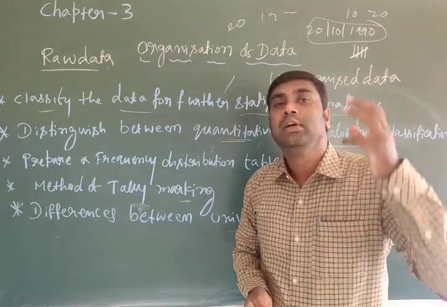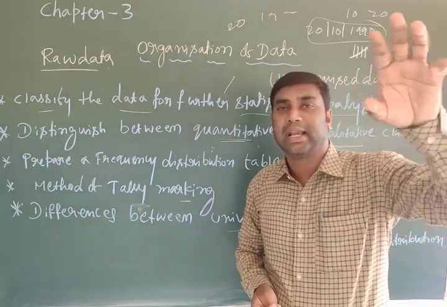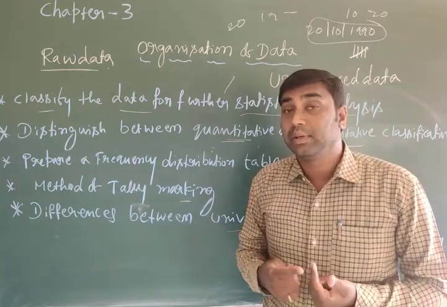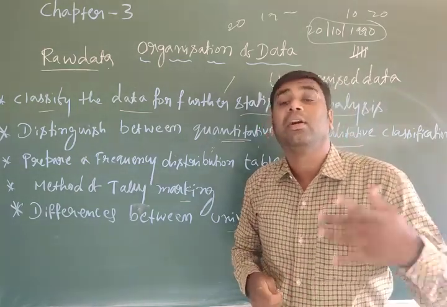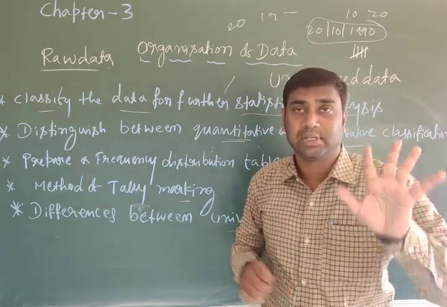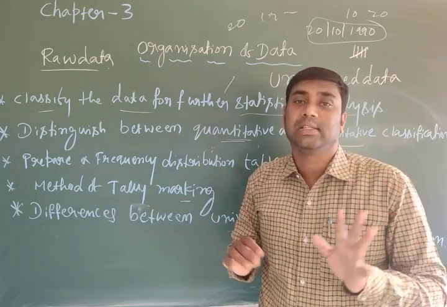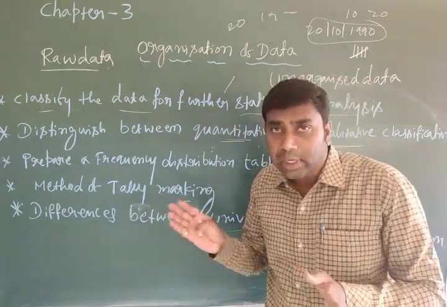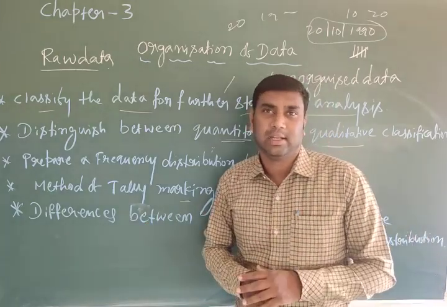Suppose you are asked how many students are there in your classroom, and sometimes you say 40, sometimes 20, sometimes 45, that is unorganized data. If you tell properly that 40 students are available, that is organized data. If you say sometimes 40, maybe 41, 42, that is unorganized data.